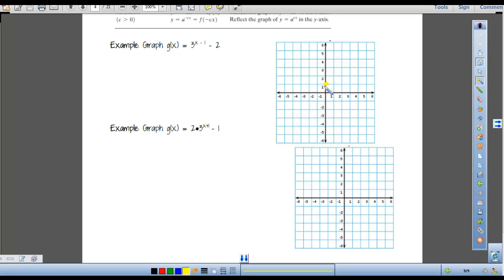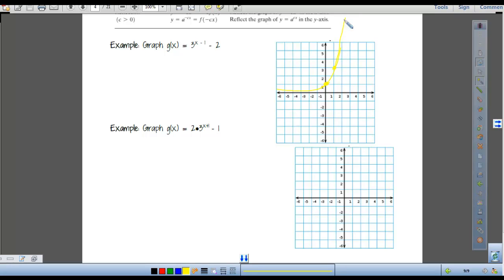When we go to 1, we should be at 3. And if we look at negative 1, we should be at 1/3. If we did 2, we'd be all the way up at 9. So it goes up pretty rapidly.